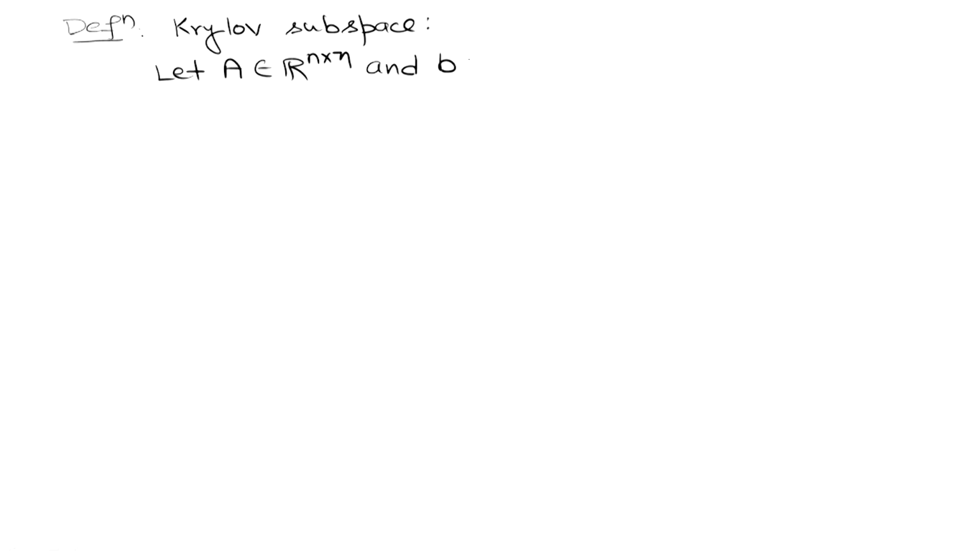So let me write the definition of Krylov subspace. Let A be an n by n matrix having real entries and B be a column vector having dimension n.